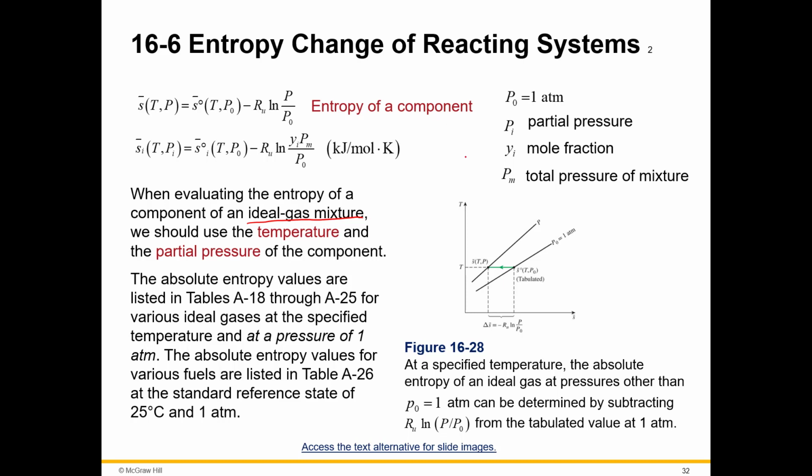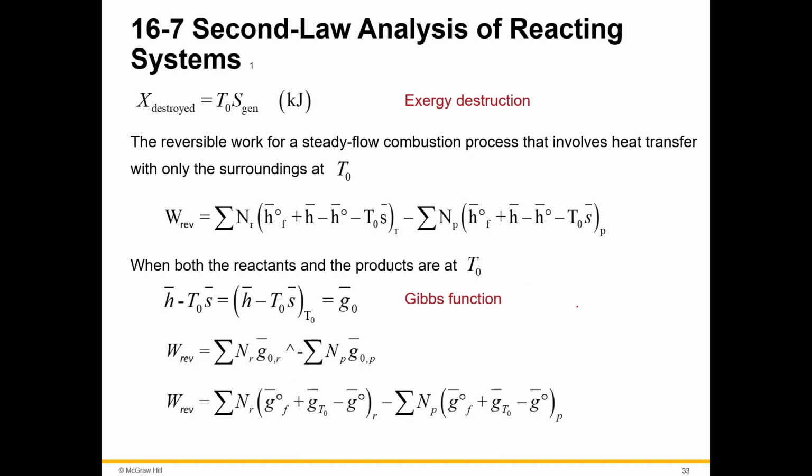Here it is plotted on a TS diagram. Okay. And at a specified temperature, the absolute entropy of an ideal gas at pressure other than P0 equals 1 atmosphere, you can get by subtracting. So we have exergy destroyed equals T0 S generated, and this is just the exergy destruction.